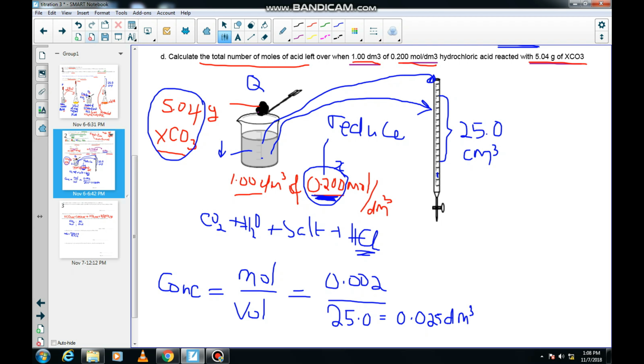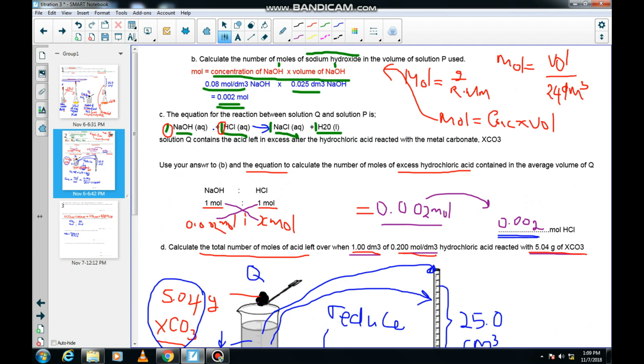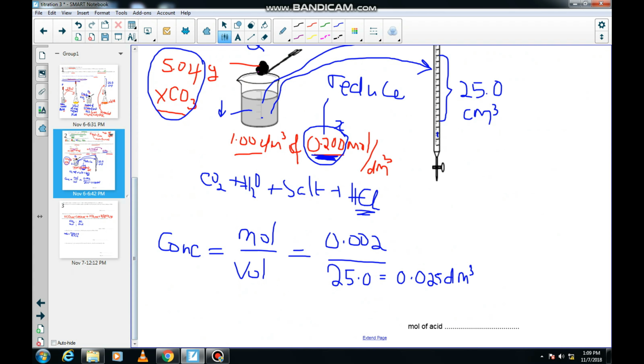Please note where I get this 25 cubic centimeters. In this titration, 25 cubic centimeters of the solution is titrated with solution Q, and the average volume used is 25 cubic centimeters. This is where I get my 25 cubic centimeters, which I use as the volume of the acid.